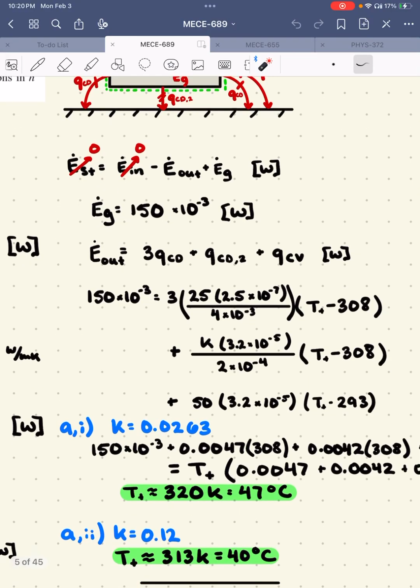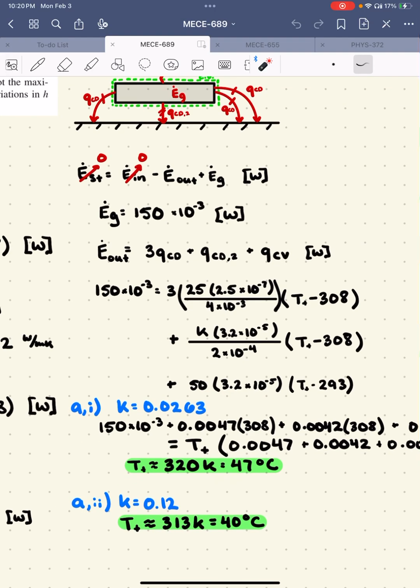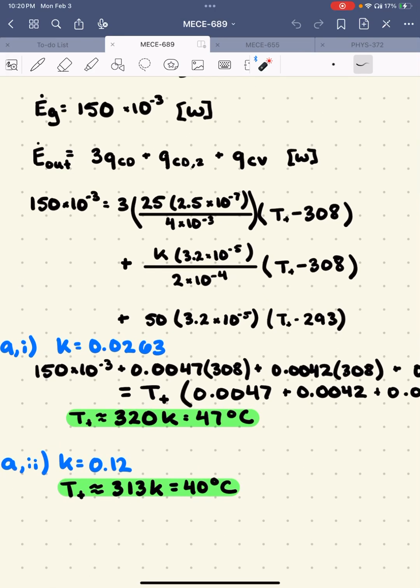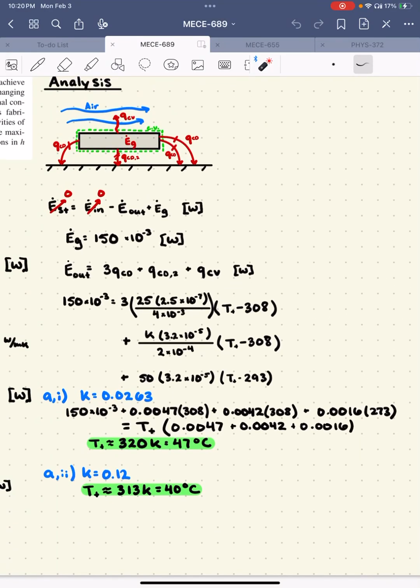So we're going to plug all of these into the energy balance equation here. We've got our energy generated over here, as well as each part here. So we've got the conduction due to the leads of the wire, the conduction due to the material in the gap, and then the convection here. And we need to balance these out by solving for T_T. This can be done in a few ways.